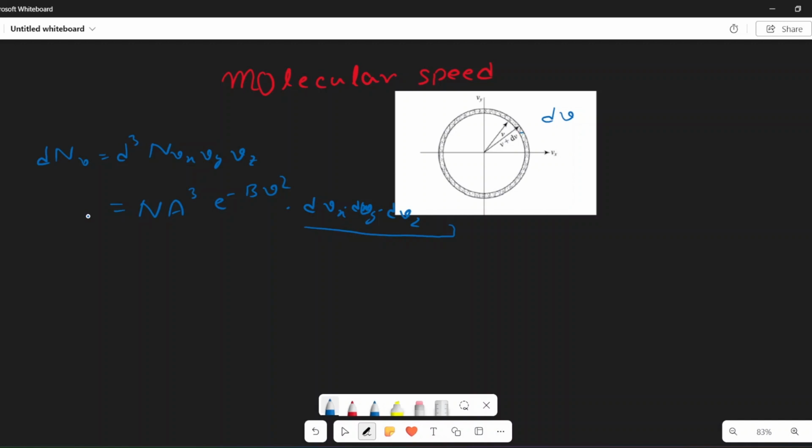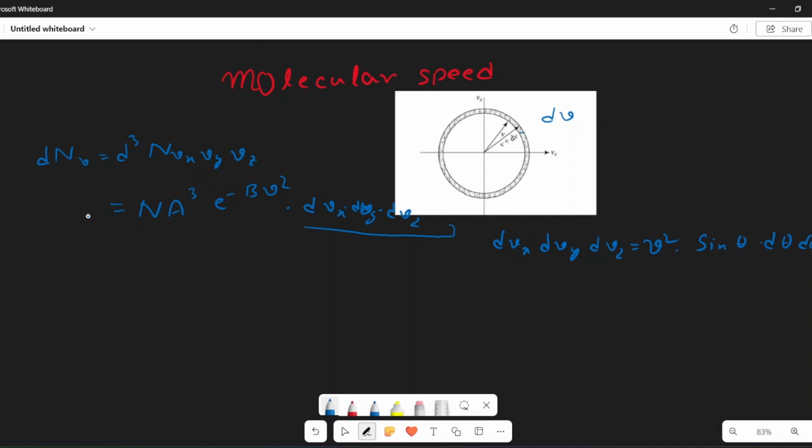That volume term dv_x dv_y dv_z, for a spherical cell will look like v squared sine theta d theta d phi dv, where v is the radius. This is the volume for a spherical cell.